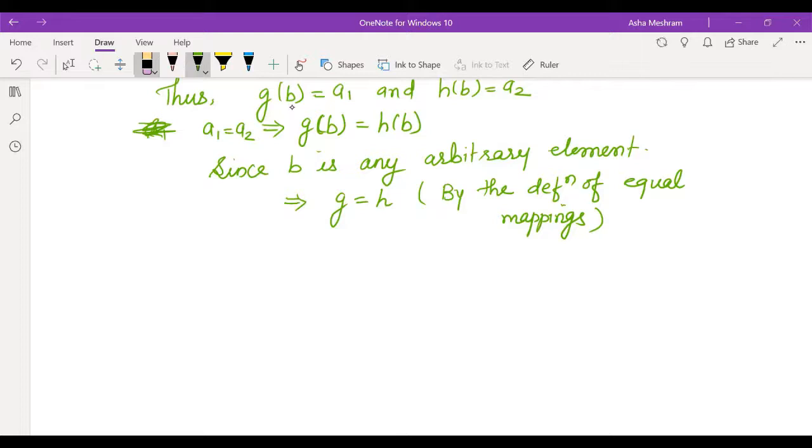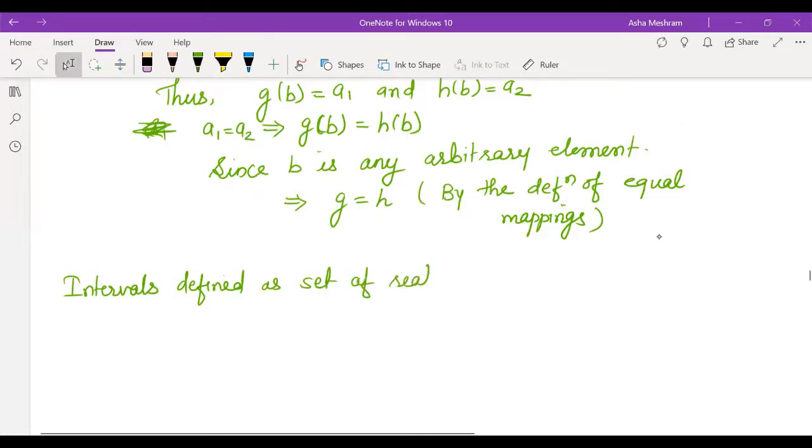So it is the definition of intervals defined on the set of real numbers.